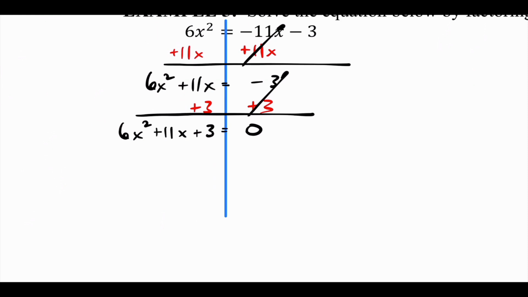Okay. Next step, ABC. A is positive 6. B is positive 11. C is positive 3.